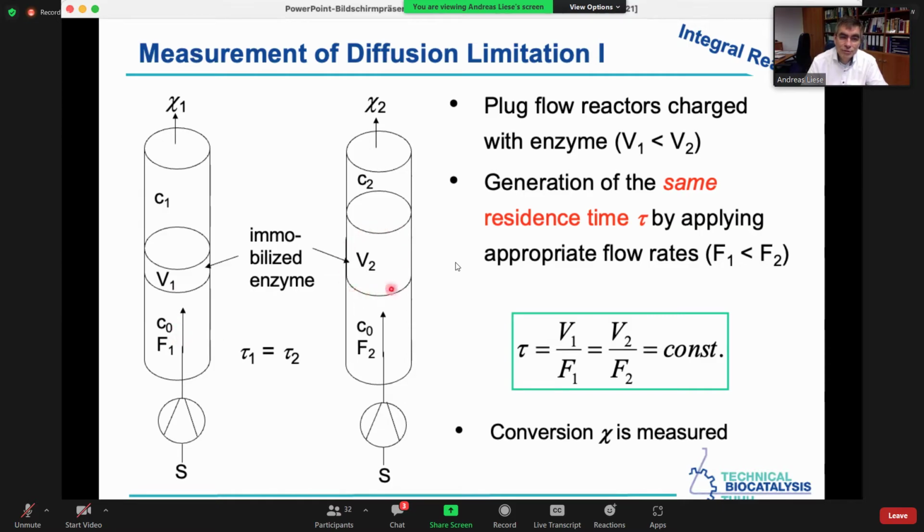If we have a larger volume on the right side, we need a higher flux. And if the ratio is the same, that is the residence time, and the residence time is constant, we can establish a situation where we have the same residence times, left and right. But on the right side, we have a much bigger reaction volume, or in other terms, packed bed situation.